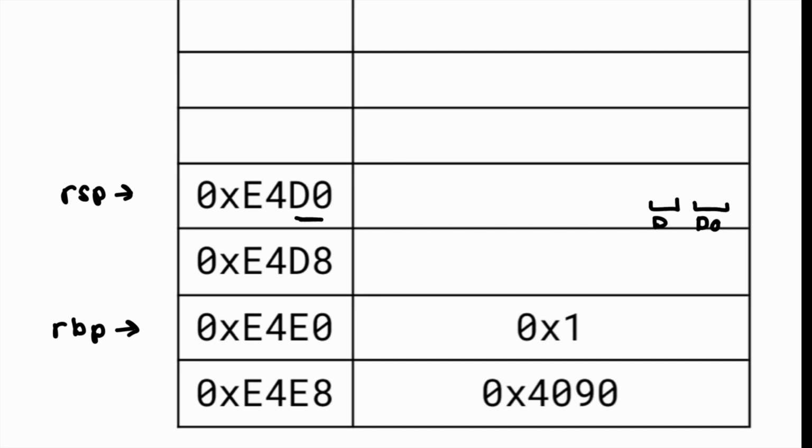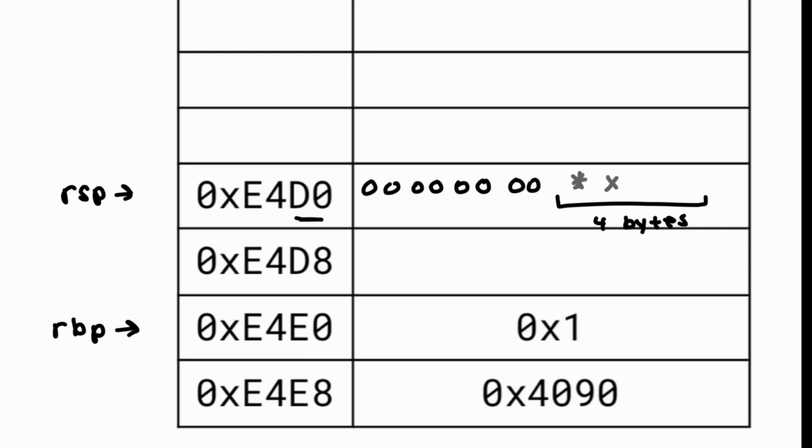This is D1, D2, D3, and D4. Starting at this address, we're going to fill in the remaining 3 bytes with zeros, and this is what it'll look like. Then these last 4 bytes are going to be unknown, so we'll just put an asterisk for each unknown byte here.